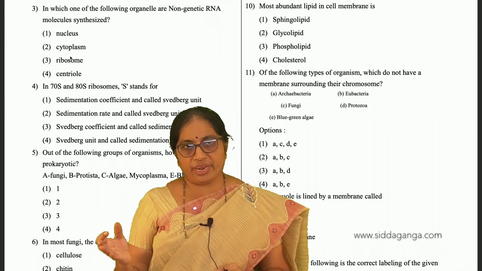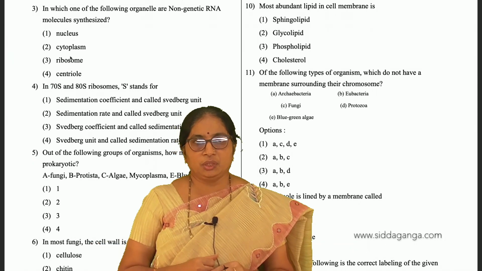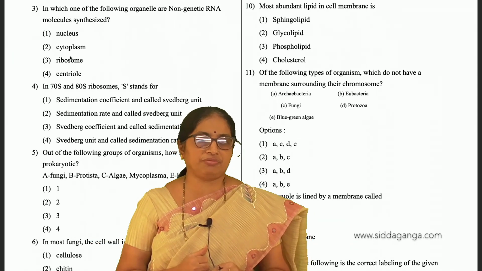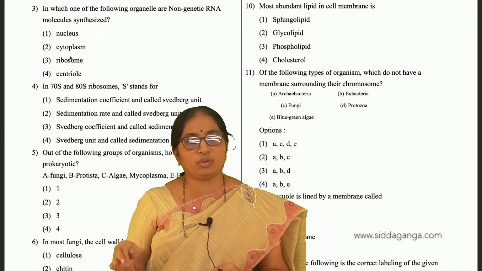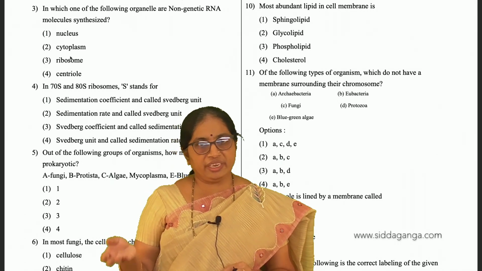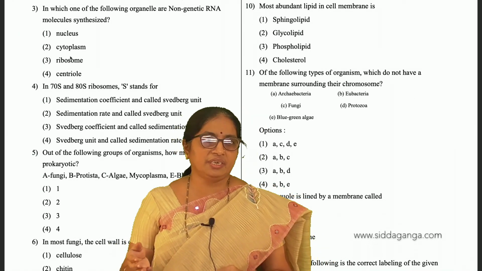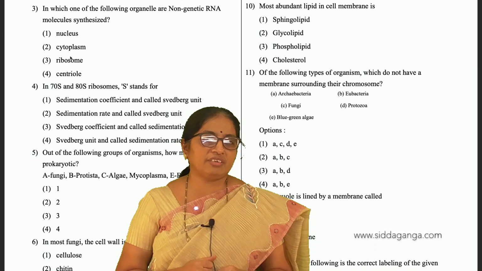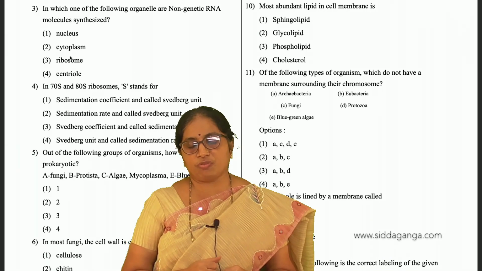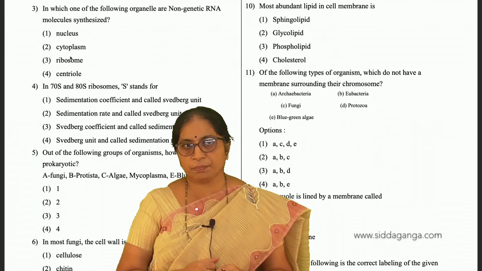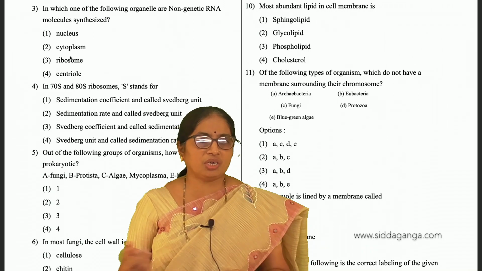We have studied eukaryotic cells and the functions of the nucleus. In the nucleus the DNA is present. DNA will produce RNA, which means the nucleus is the right answer. The organelle involved in the synthesis of non-genetic RNA is the nucleus.